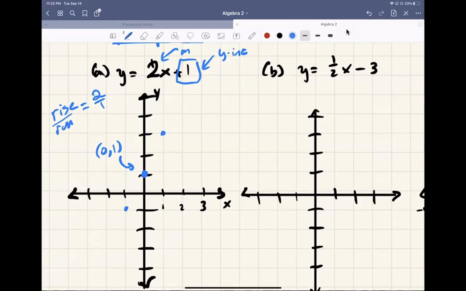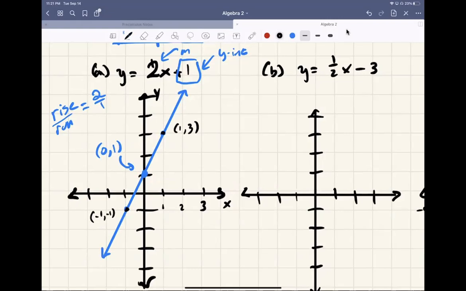Our next point's there. And then you're just gonna connect these dots. And that's our graph. That's it. All you need is 2 points. The other point's gonna be (1, 3), or if you want to use this one, it's going to be (-1, -1). That's basically it.